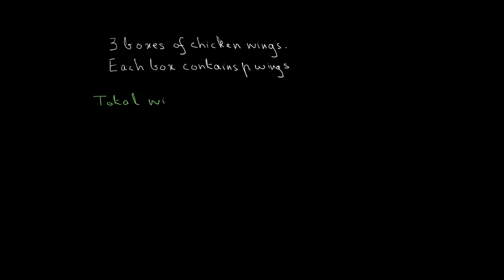Well, the total number of chicken wings is going to be equal to 3 multiplied by P, because there are 3 boxes, each containing P wings. The way we usually write it is as 3P. We skip the multiplication sign, so we just write it as 3P. Okay? But it really means 3 multiplied by P.